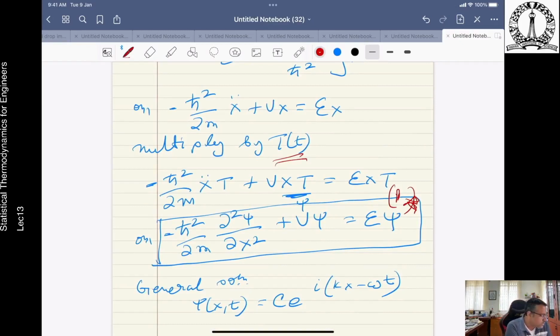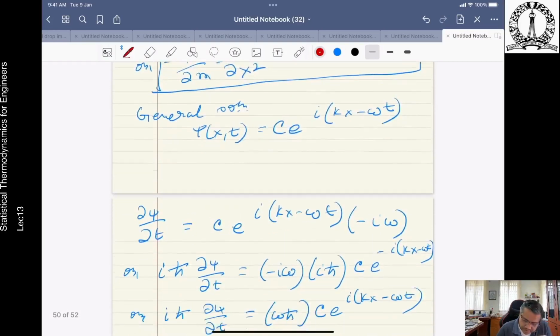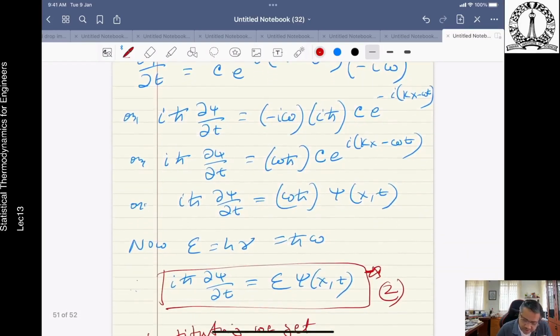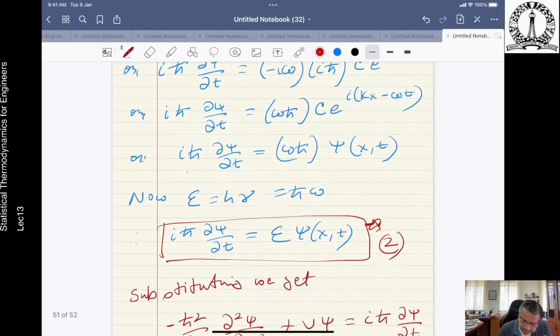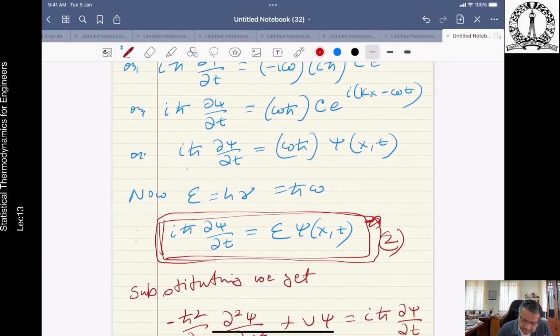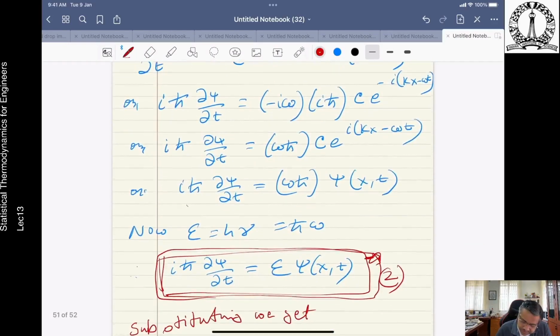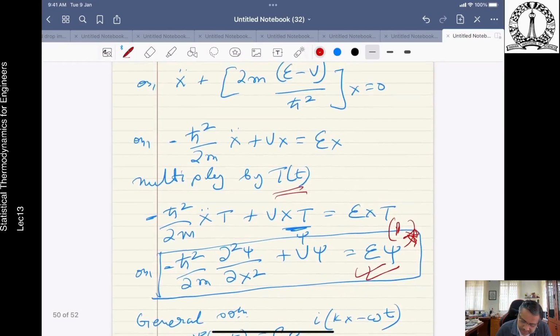Then we took the temporal derivative, and substituted it here because this was exactly the same as this.